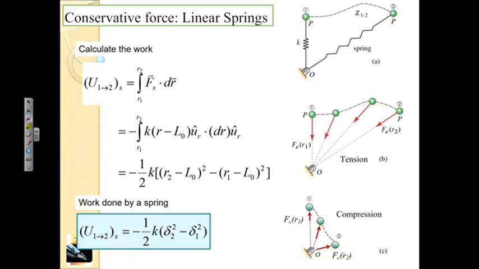So I'm stretching it to make it longer. This would be positive, this one would be negative. If I did the opposite, compression, my spring force is in the positive direction, but my dr, I'm making it shorter. So my dr is actually in the minus r direction.